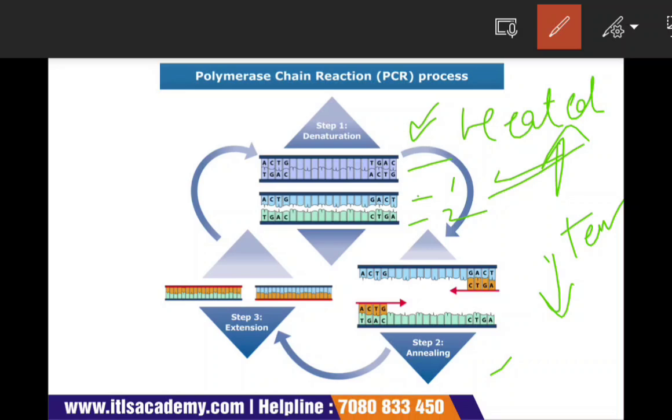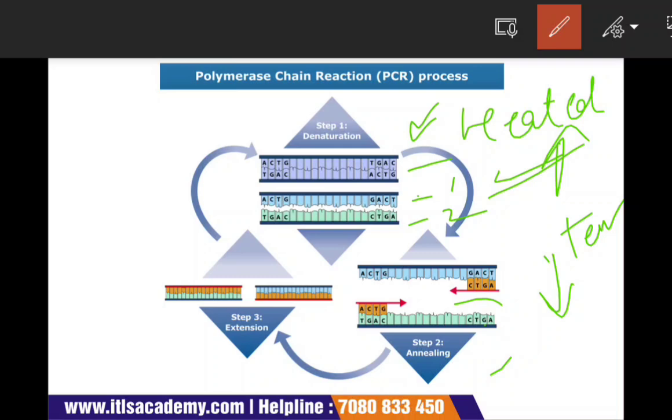As you can see, after the temperature is lowered, the DNA primers get attached to the template DNA like this, the arrow one, ACTG and CTGA.